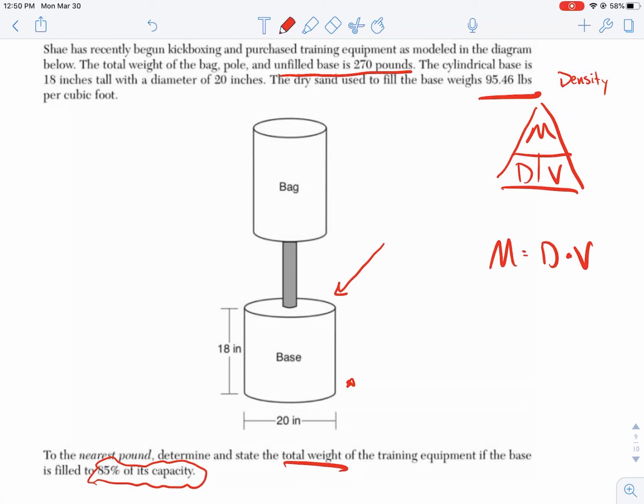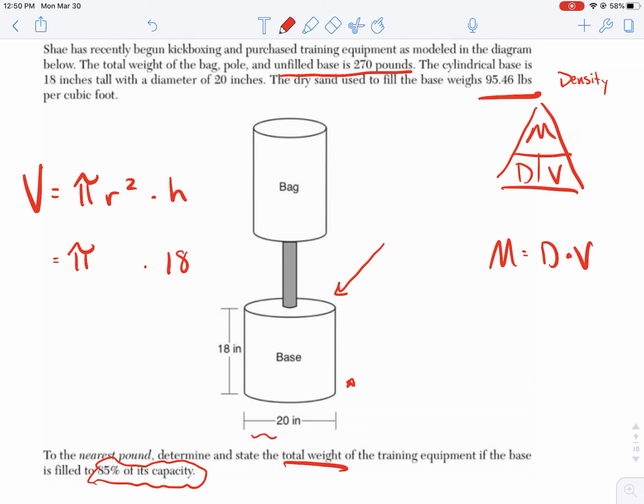In order to find the mass, or the weight, that's what it means, the total weight. When we're talking about weight, we're talking about mass. In order to find the total mass or weight of this kickboxing equipment, we have to find the volume of this section down here. So how do we find the volume of a cylinder? Well, the volume of a cylinder is pi r squared times its height.